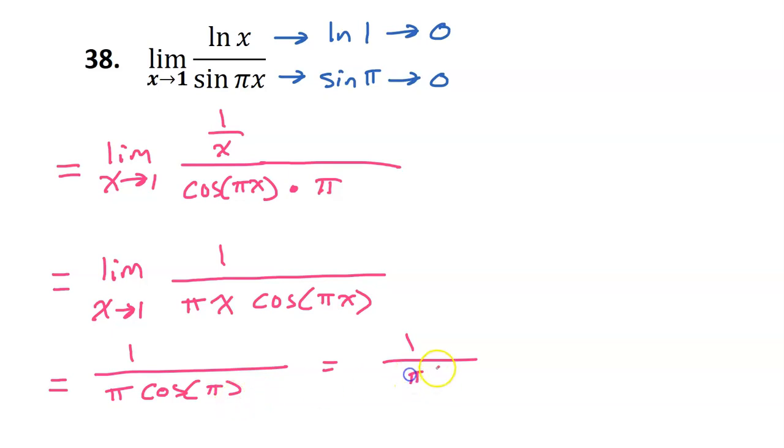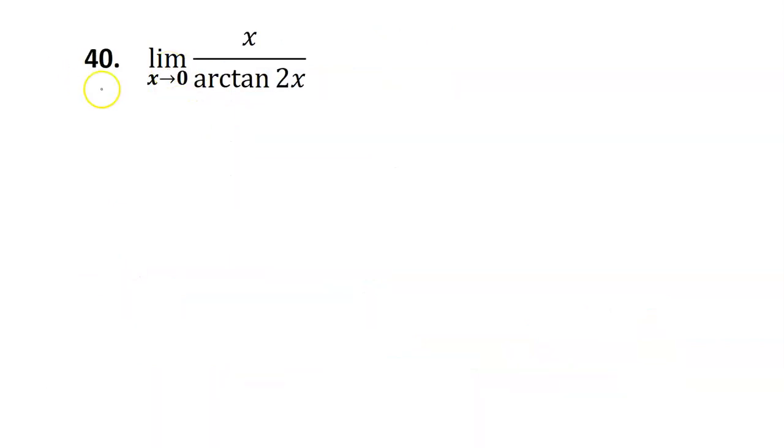So that's just going to be pi times negative 1, which really just makes this negative 1 over pi. So that's the limit. And this is an example of a problem that we could not have solved using our techniques from Unit 1. So sometimes you really do need L'Hopital's rule.